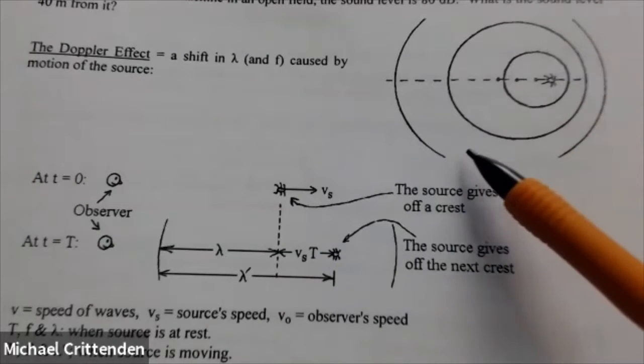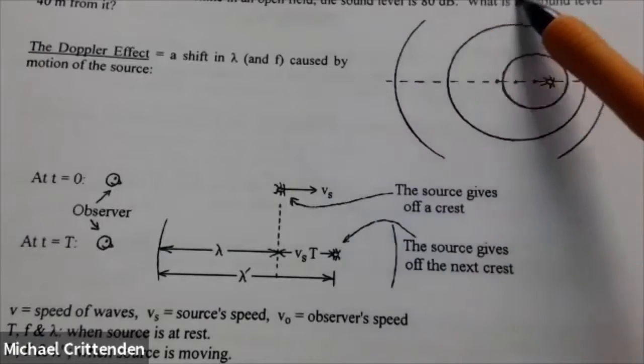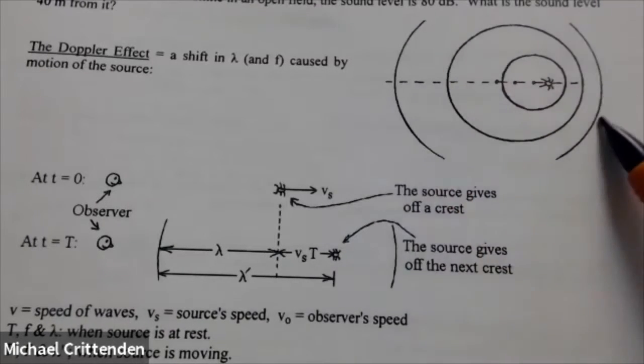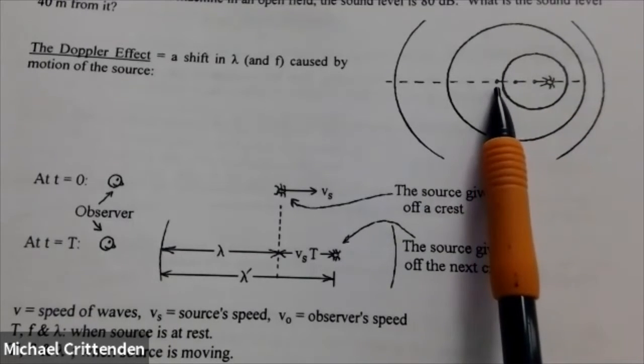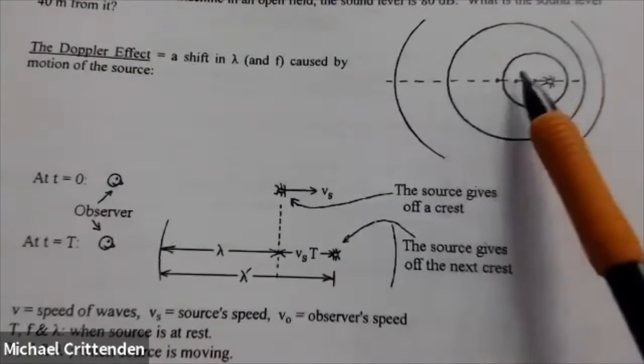When I drew this picture, I didn't want to take enough space to draw the entire circle, but this outermost circle is centered on that point right there, because that's where the insect was at the moment that it sent out that wave. So the wave would be centered on the point that it came from.